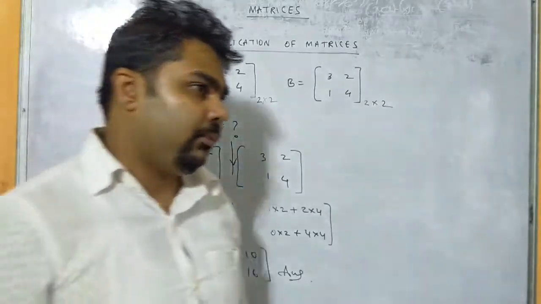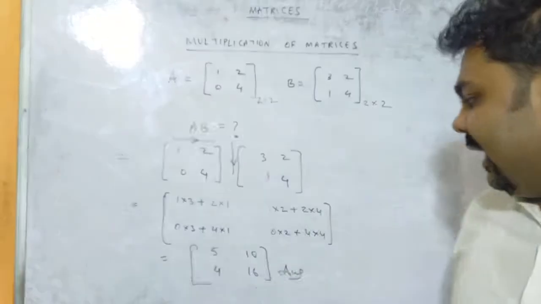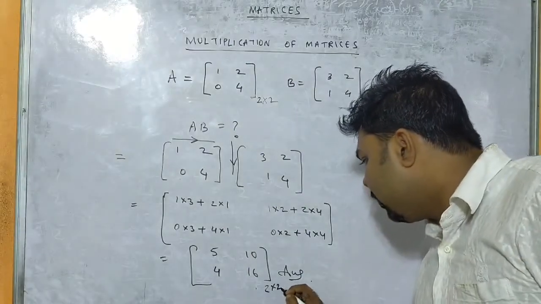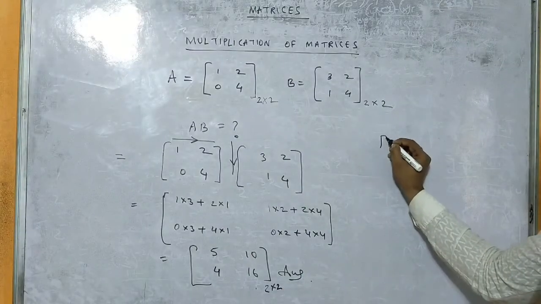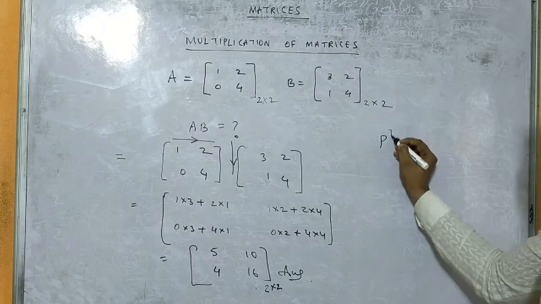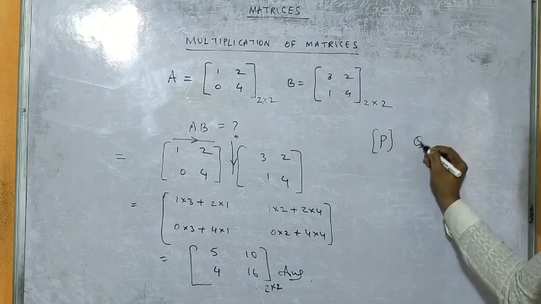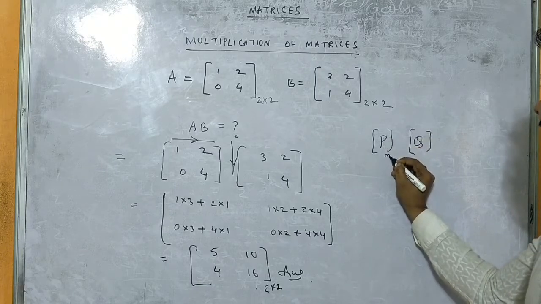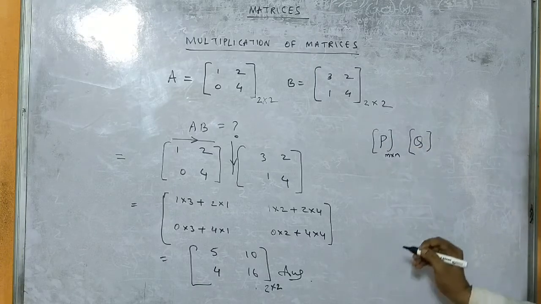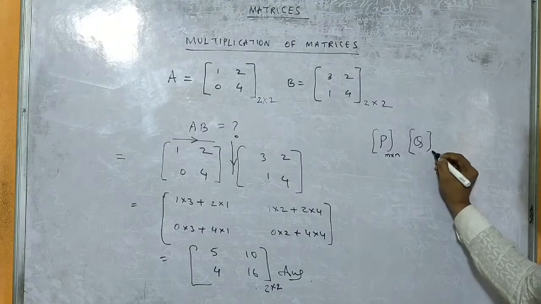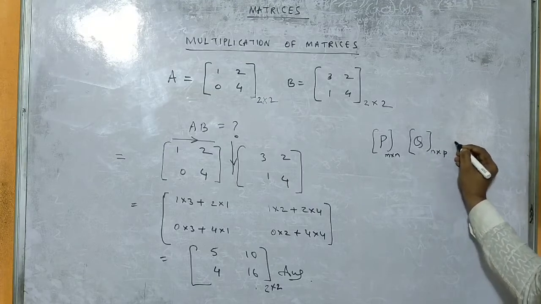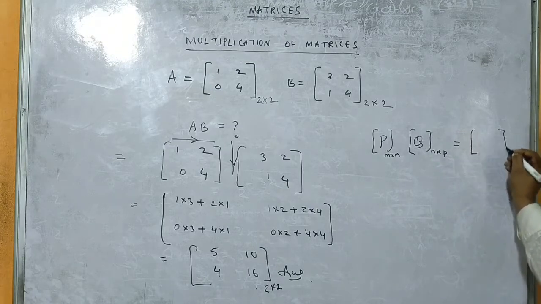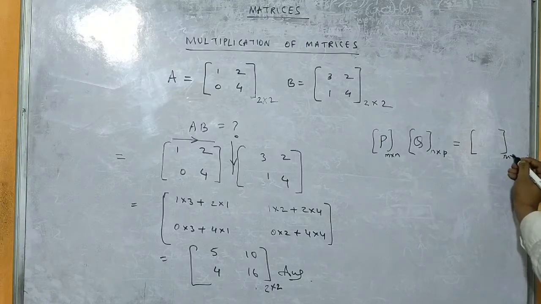So you see the final answer which we got is also 2 cross 2. Now suppose we have one matrix P and one matrix Q. If the order of the first matrix is m cross n, and the second matrix is n cross p, then the answer which we will get has to be m cross p.